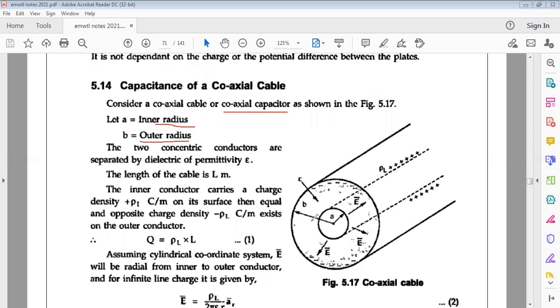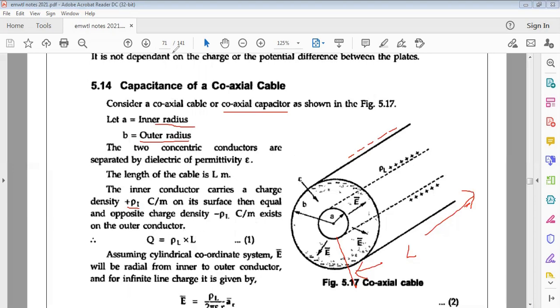The length of the cable is L. The inner conductor carries a charge of density rho L on its surface, and an equal and opposite charge density rho L exists on the outer conductor. The outer conductor is negative and the inner conductor is positive. So Q is equal to rho L into L.